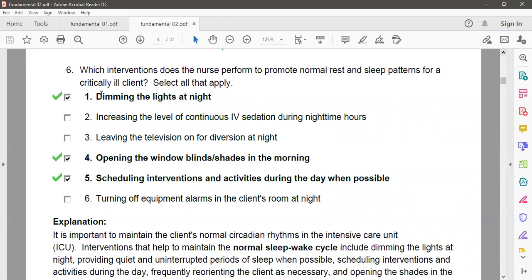Like number one, select all: diminish the light at night. Makes sense, right? Nobody can sleep under bright light. Increase the level of continuous IV sedative, never. Like if I have a night duty in the hospital, because of my own sleep, I can't increase the sedative.